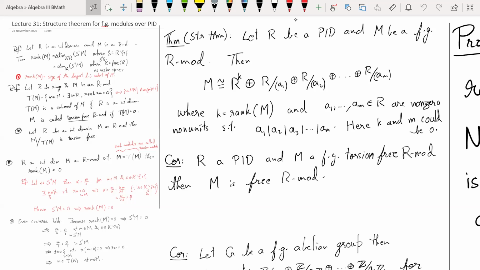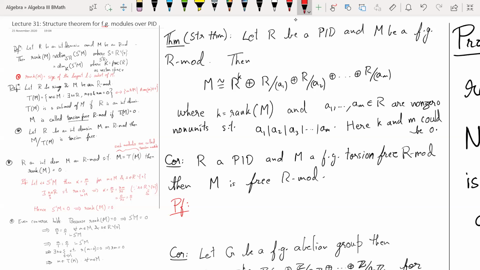Okay, so the first corollary of this is that if R is a PID and M is a finitely generated torsion-free R-module, then M is a free R-module. This of course follows from here. The proof should be a one-line proof.